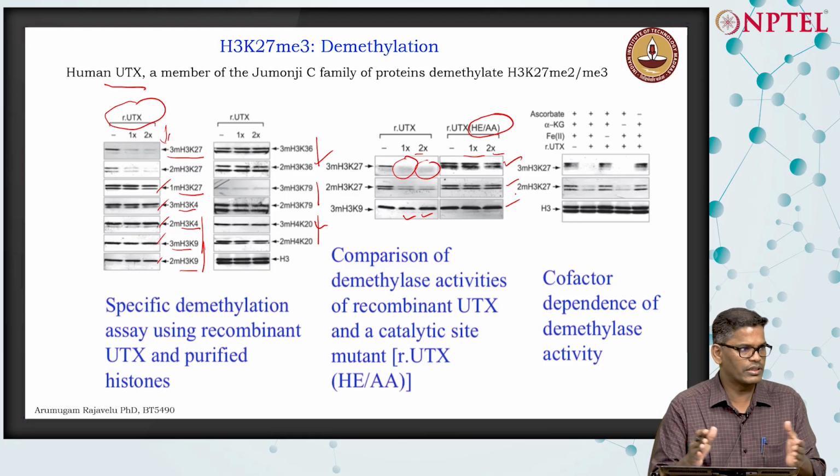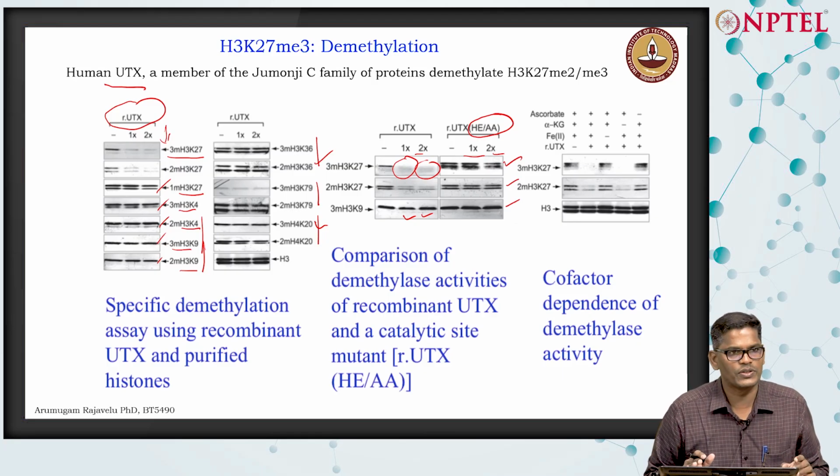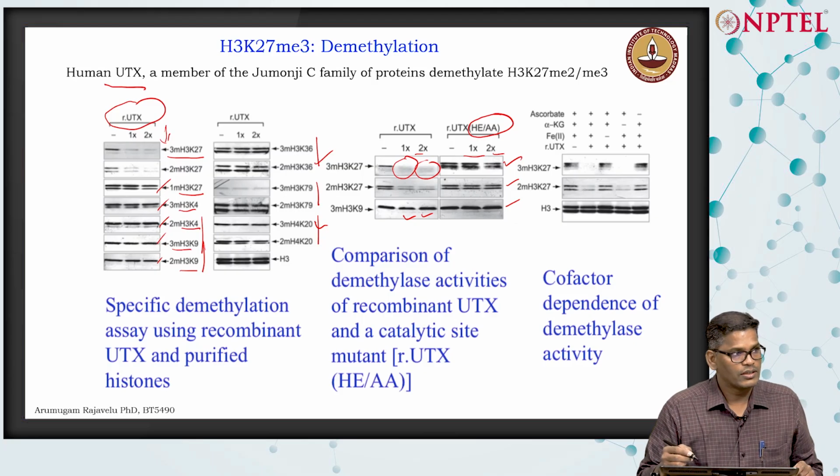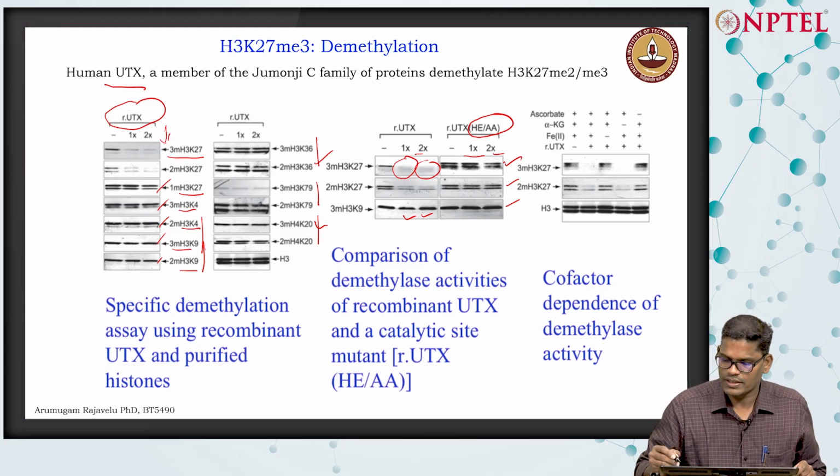So this is the assay you always design to conclude, yes, whatever protein I discovered is specific to this particular demethylase. And to know which cofactor it is specific for, this is another beautiful biochemistry assay. You see they use ascorbate, alpha ketoglutarate, these are all for information, and then iron.